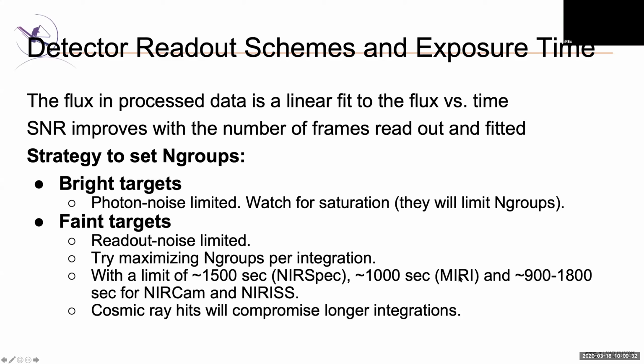MIRI is about 1,000 seconds, and NIRCam and NIRISS is between 15 and 30 minutes. If you go beyond this and have too long an integration, what happens is you don't saturate, but you have lots of cosmic ray hits, and they will contaminate a larger and larger fraction of your pixels, and so you don't want to get in that regime.